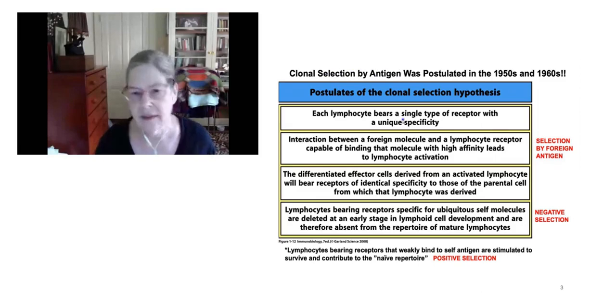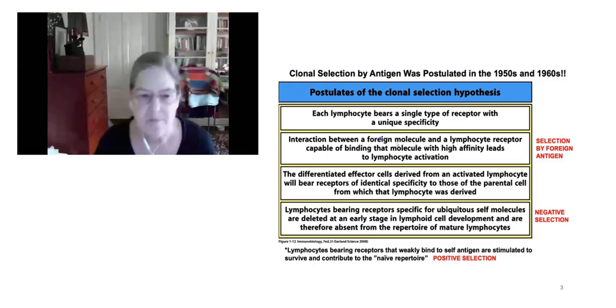So the idea behind clonal selection is that every lymphocyte has a different type of receptor with a unique specificity to it. And that the interaction between a foreign molecule, which is what we mean by antigen, an antigen is something that generates an antibody response. That's how it was first defined, because the first thing that people understood were antibodies, they didn't even know T cells existed.